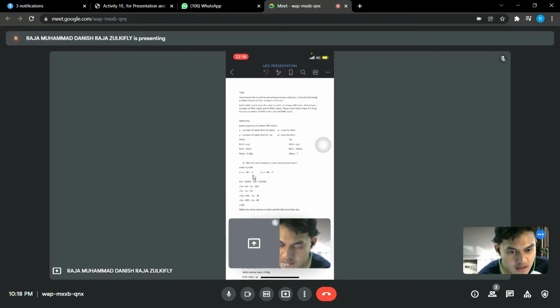From this equation, we substitute into one of those, either X or Y. So I choose to substitute X. So 5 bracket Y plus 40 minus 5Y minus 40. So we got 5Y plus 200 minus 5Y minus 40. So 5Y minus 5Y equals 0. 200 minus 40, we got 160.